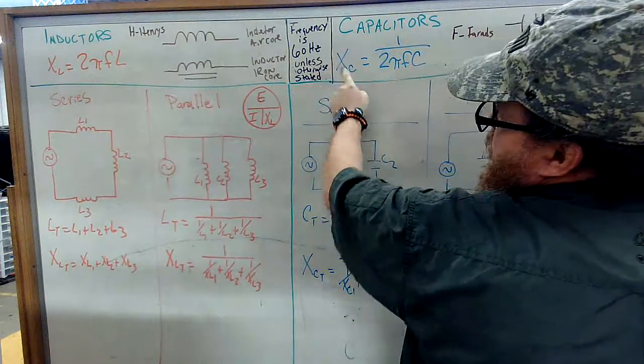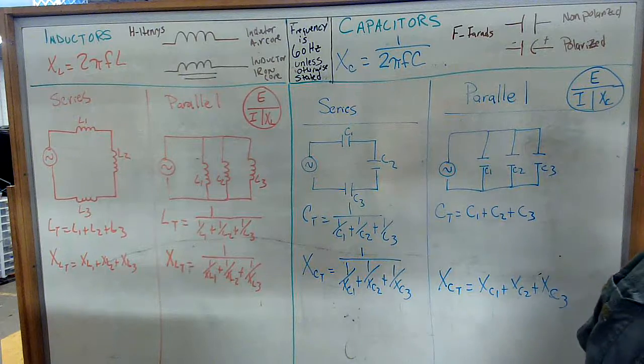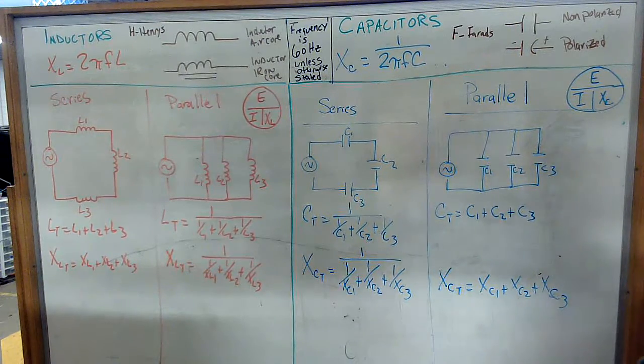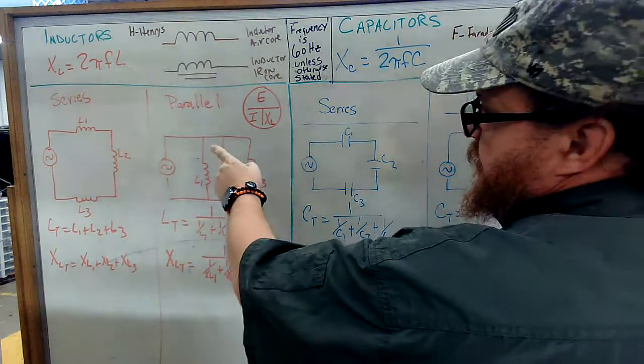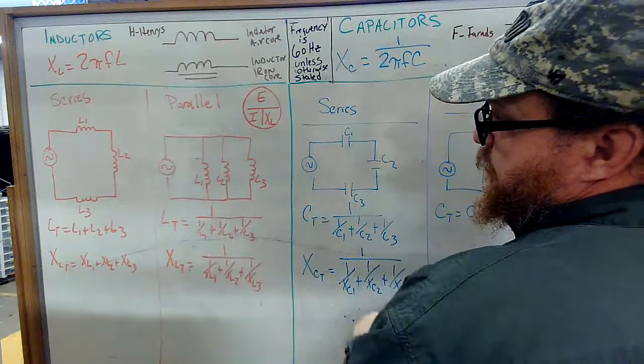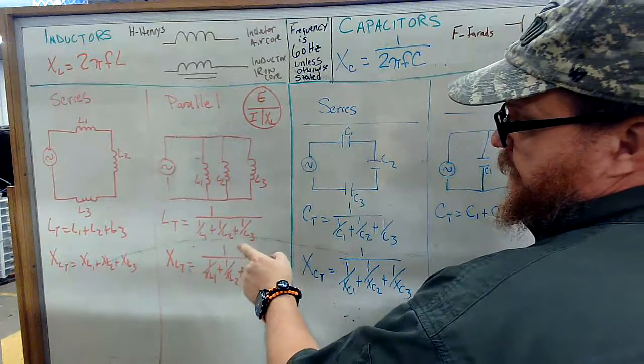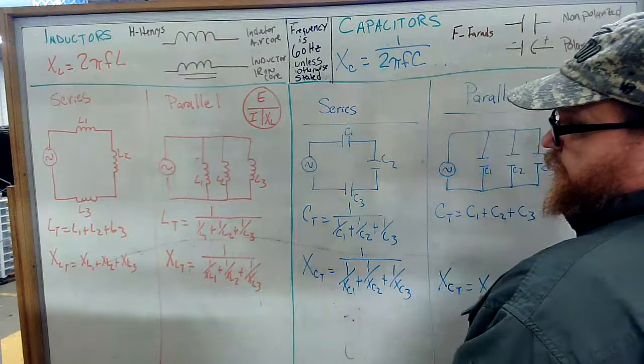Frequency is 60 hertz unless otherwise stated in any question. So if you get a circuit and it doesn't have the hertz designated, it's 60 hertz because we're working in the United States. Now, series for the inductor, L1 plus L2 plus L3 will give you L total. XLT, the total of XL, will equal XL1 plus XL2 plus XL3.